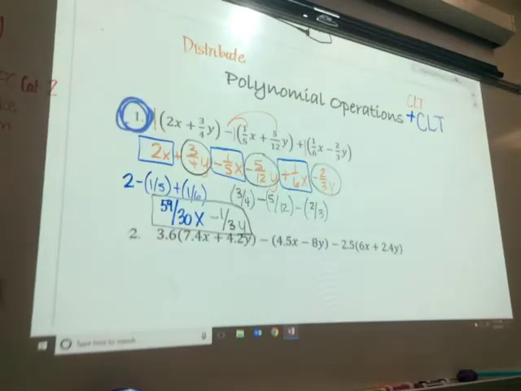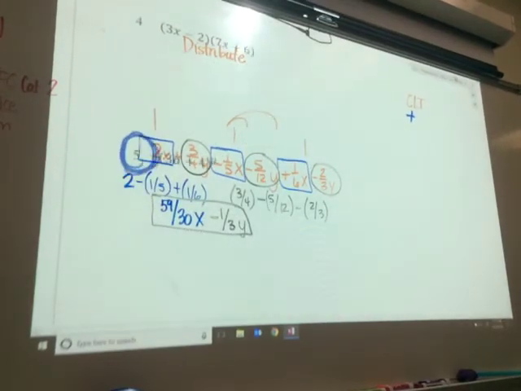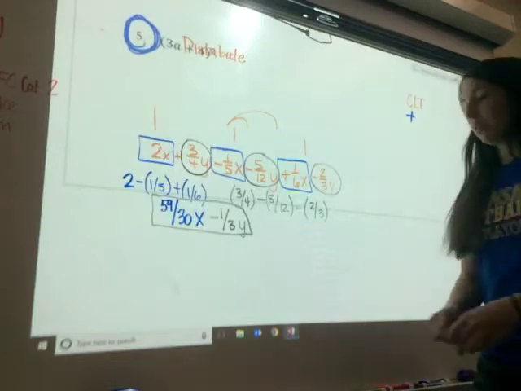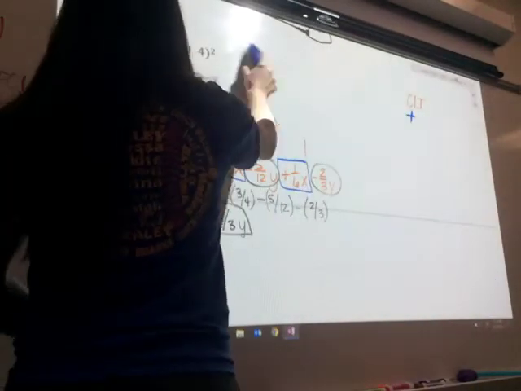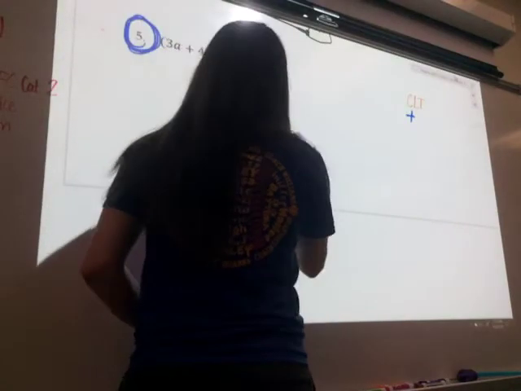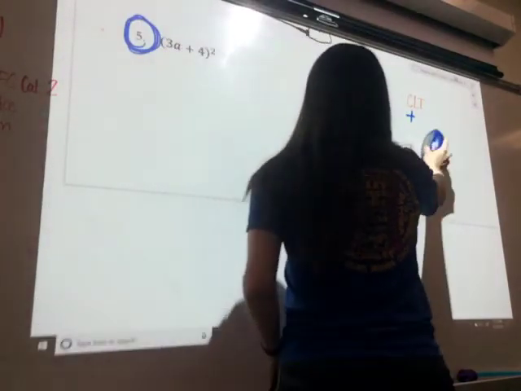Okay, let's look at number 5 real fast and be done with this page. When you have an exponent on the outside of a parentheses, what does that exponent tell you to do? It tells you that it's that whole parentheses written how many times? Twice.